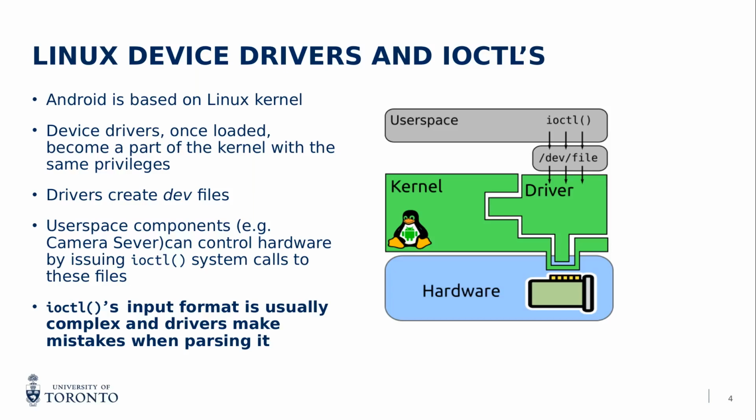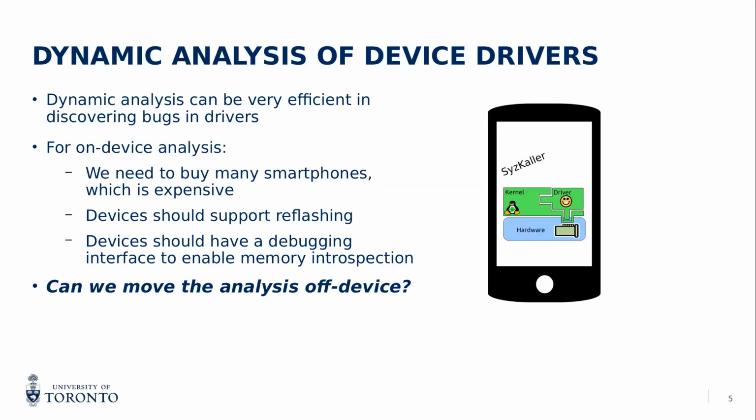What is unique about IOCTL system calls is that in order to support a large number of use cases and the hardware features, IOCTL system calls accept arbitrary complex structures as input, which is then parsed by the driver, and this complex parsing is often bug-prone.